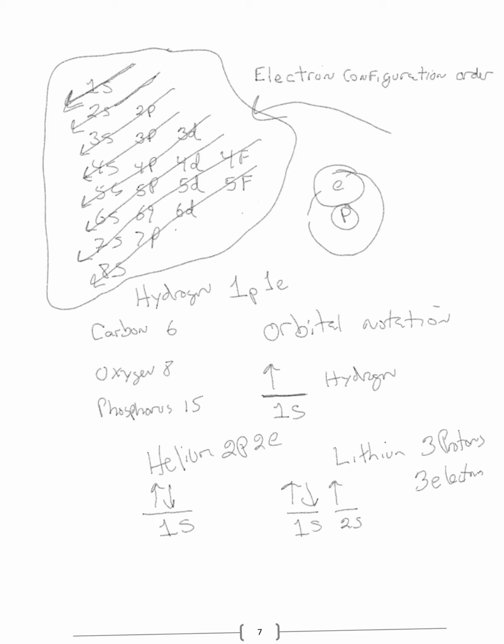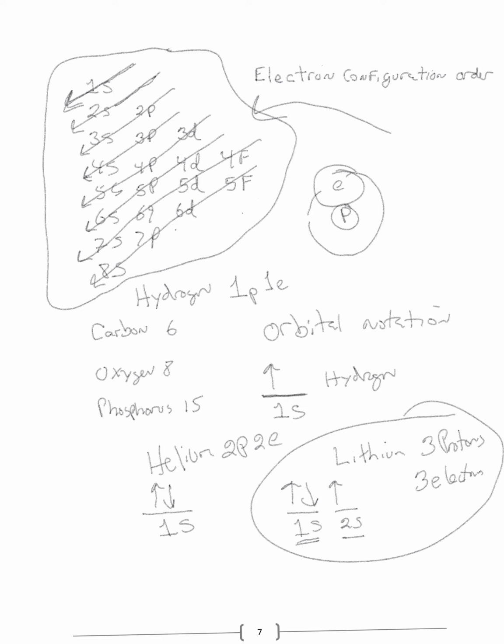So I'm going to put an arrow like that. So that's representing the 3 electrons that lithium has: 2 are in the 1s, and 1 is in the 2s.